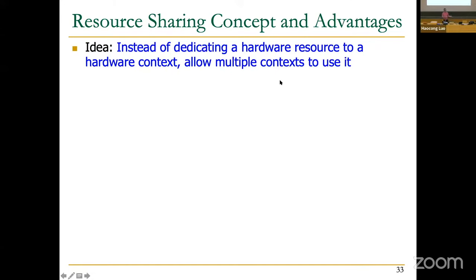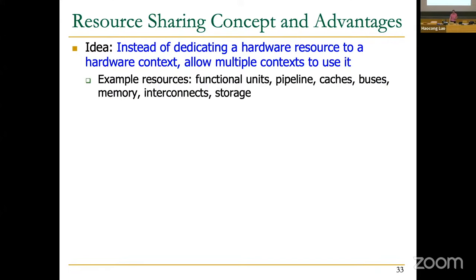It could be a core, it could be a thread, because we can have multi-threading within a core also. So it's good to think about this. Essentially, that's the concept of resource sharing, and it can be many things. It could be functional units that are shared. It could be the pipeline that is shared. If you remember fine-grained multi-threading, we shared the pipeline, the functional units, the entire pipeline, essentially, across different threads.